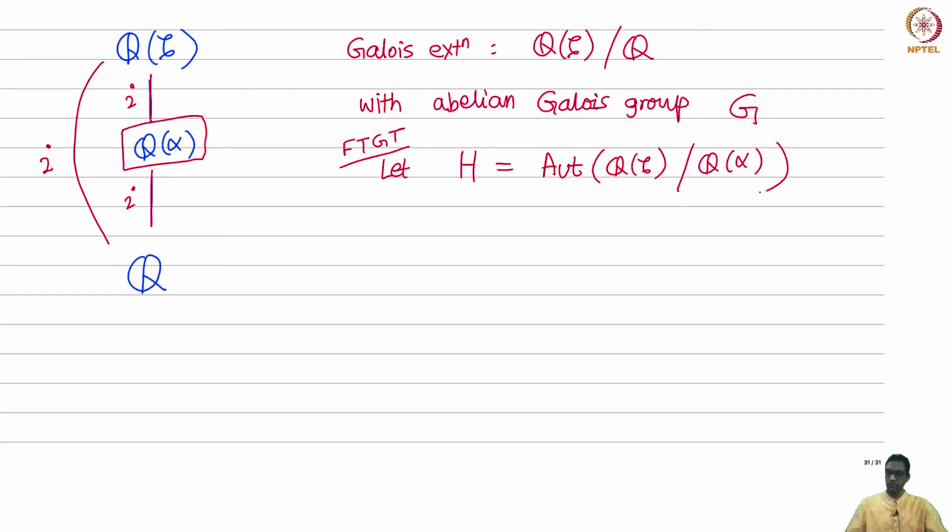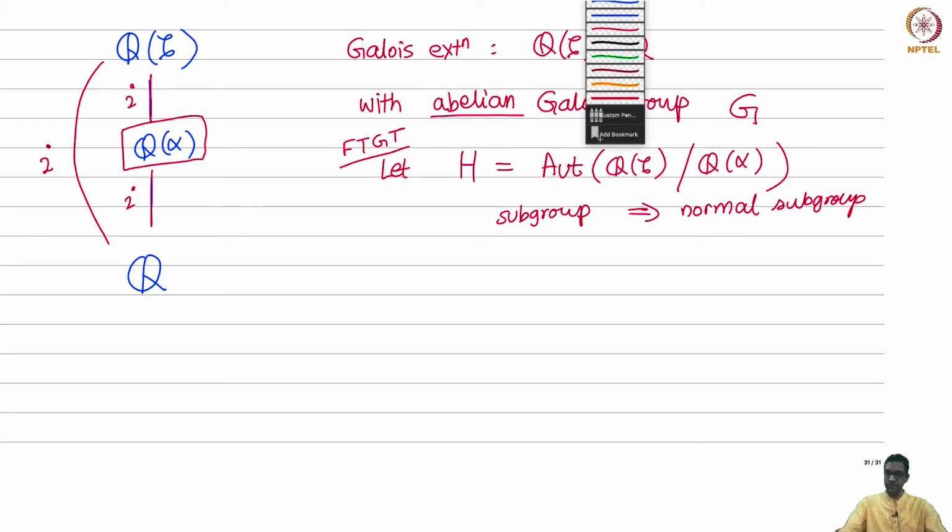Now what do we know here? We know the following: this is an abelian Galois group, right? G is abelian, H is a subgroup, which automatically implies it is a normal subgroup. Okay, because G is abelian. And what does that give us? So recall the second part of the fundamental theorem.